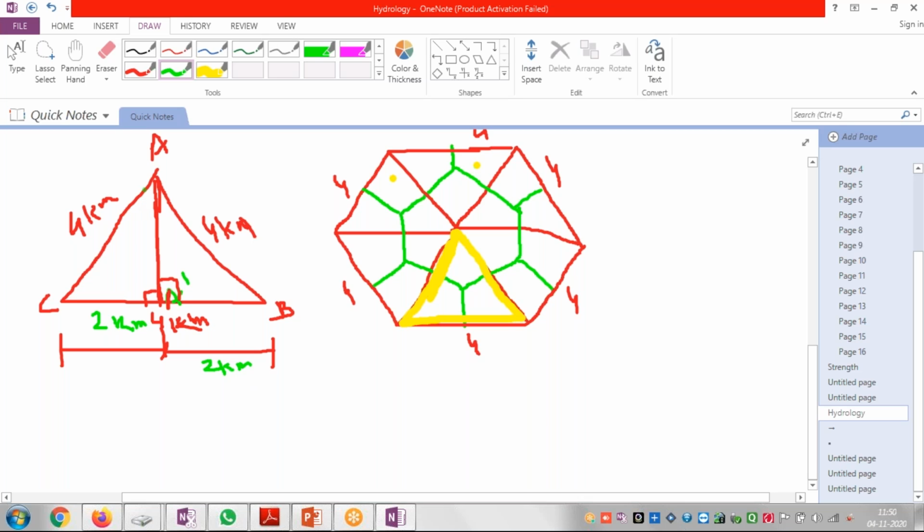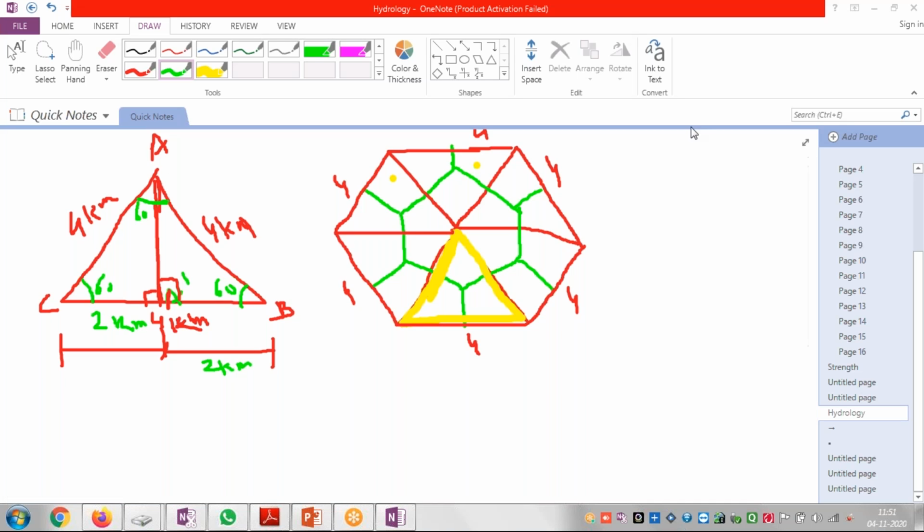Now we know that in this triangle all angles are 60 degree, because all sides are equal. So this one will be 60 degree, this one will also be 60 degree, and this one will also be 60 degree. And I have to calculate this height A dash.